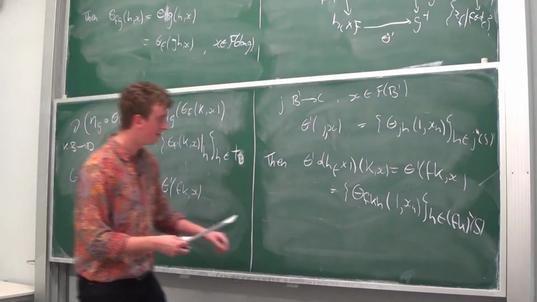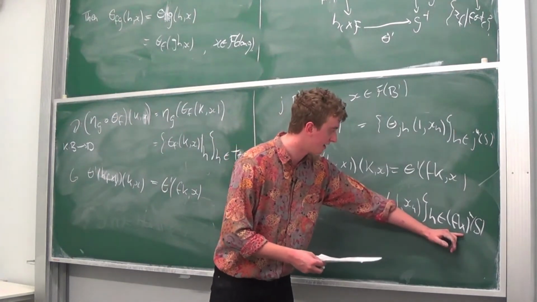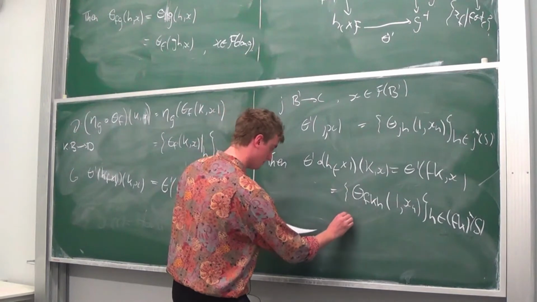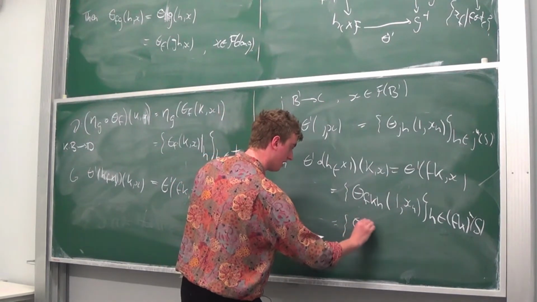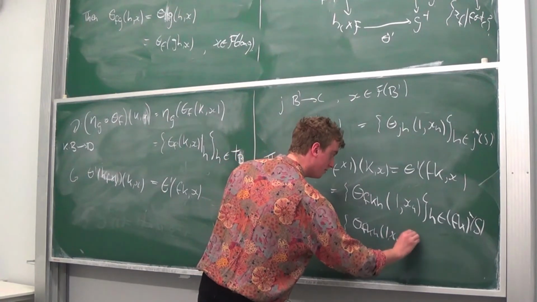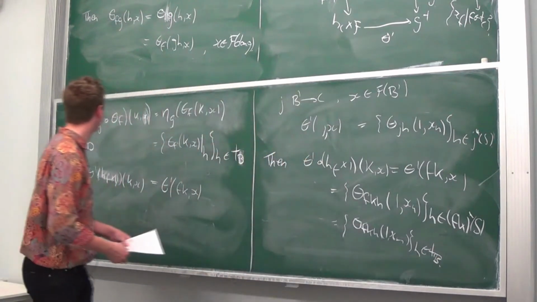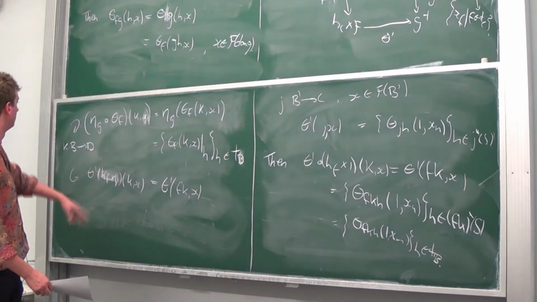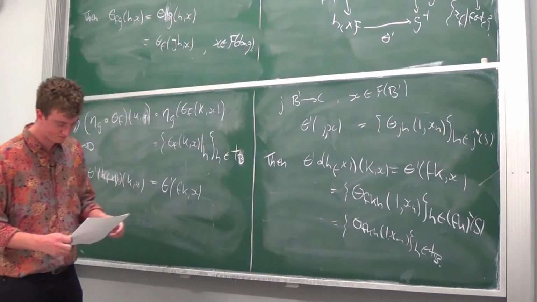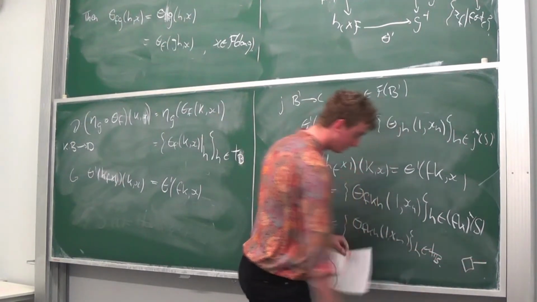But now we know that f was taken to be a cover, so this is actually the maximal sieve. This is just equal to fkh of 1xh for h in tb, which is precisely what we get going in the forward direction. So we're done. We've given ourselves an amalgamation.